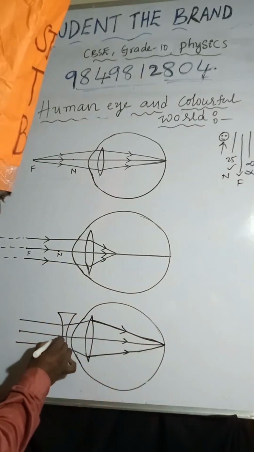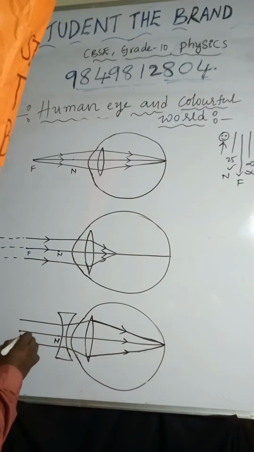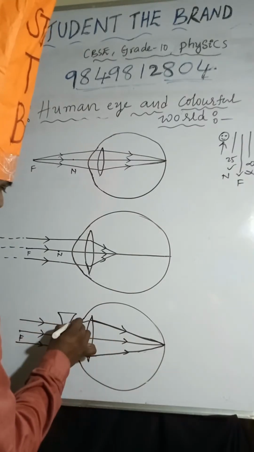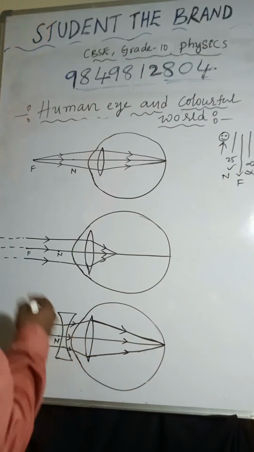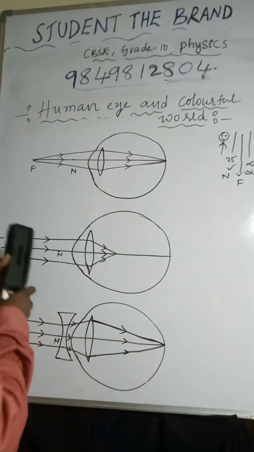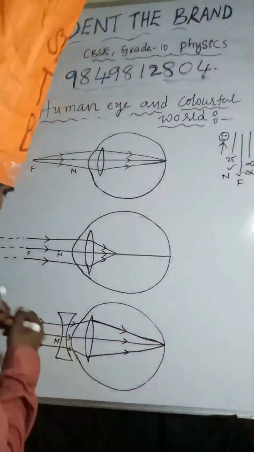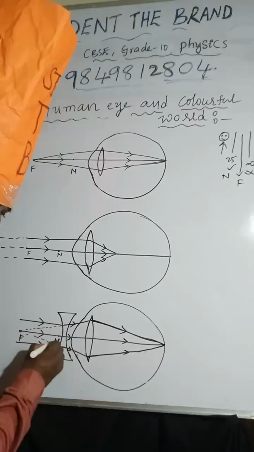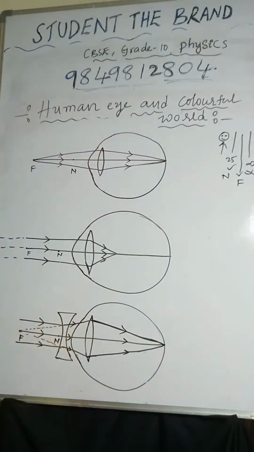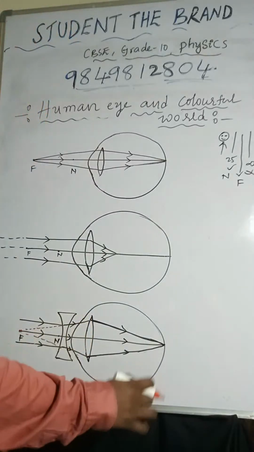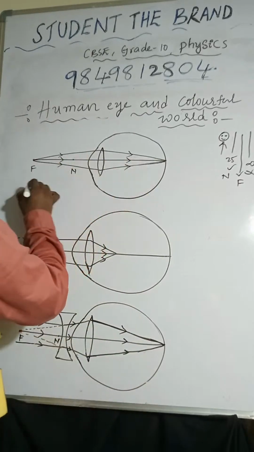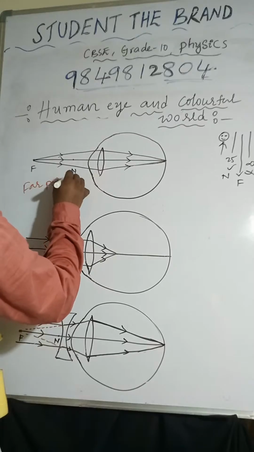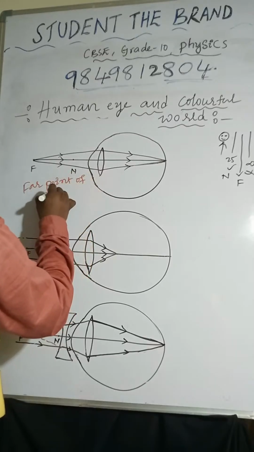So N and here F. If you extend these light rays, the extended light rays will meet here. Now you can observe here. This is the far point of myopic eye.